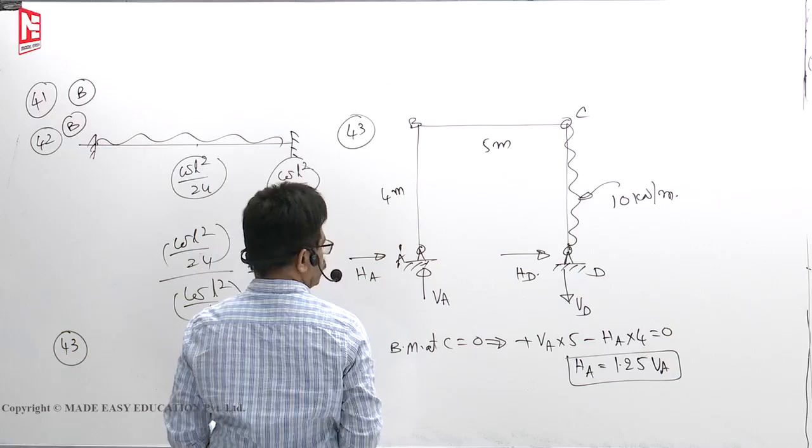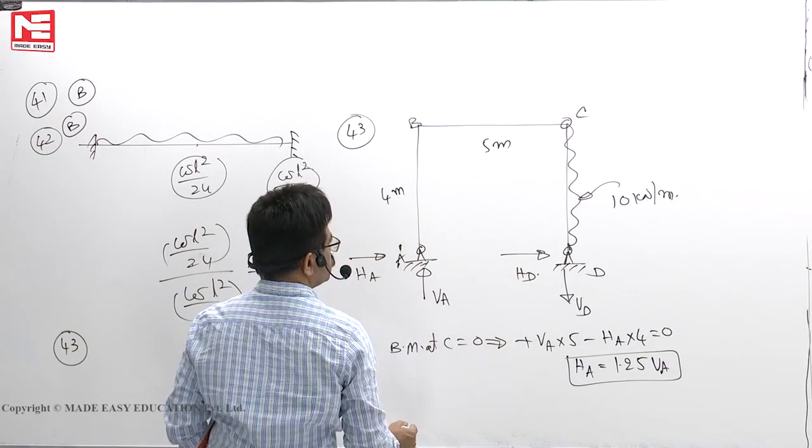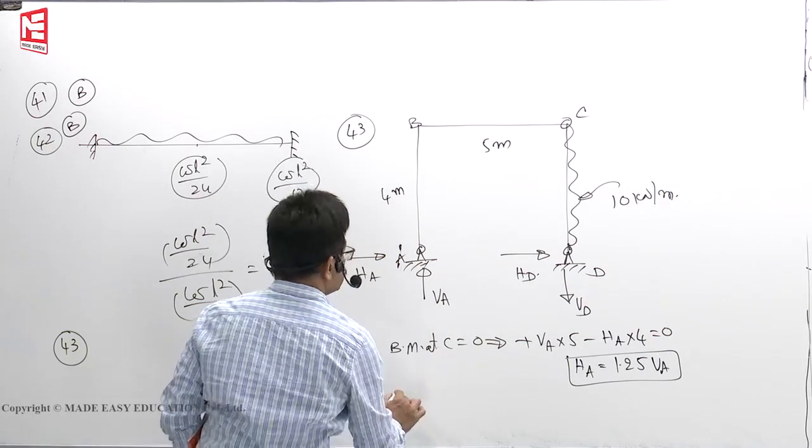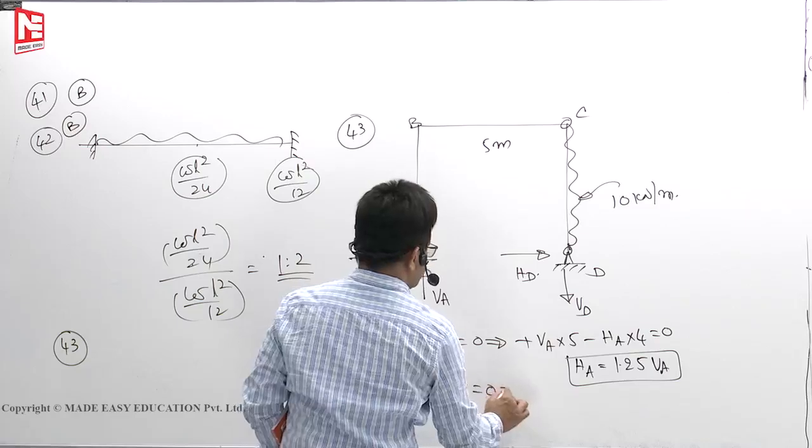Then we can write bending moment at C is equal to 0. If I take it from the right side, I can get HD.